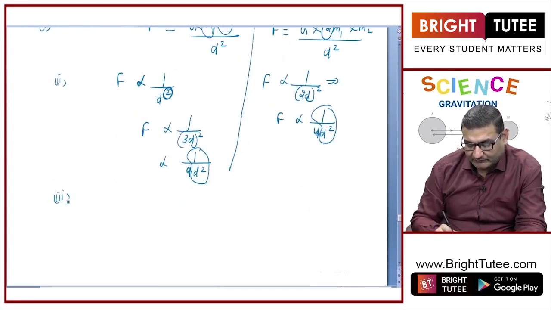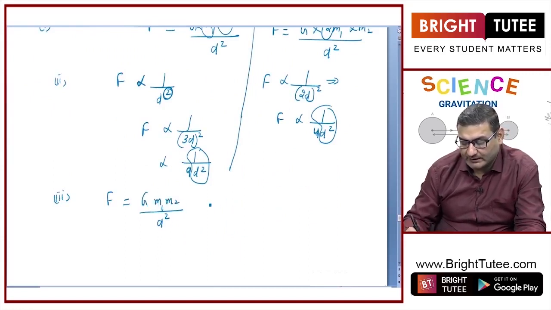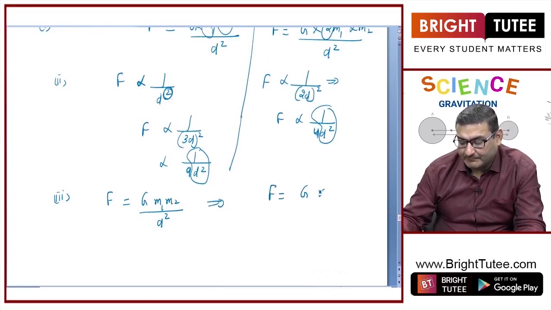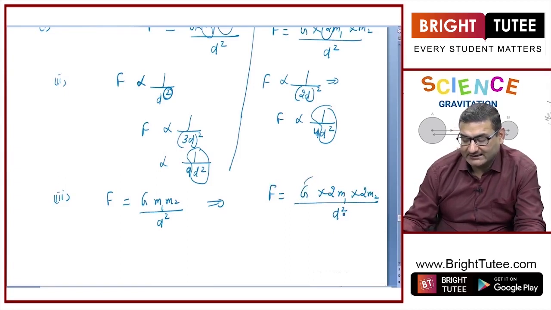So, if the force initially was G m1 m2 upon d square, then by making a change, by doubling, 2 m1 into 2 m2 divided by d square, because the gravitational constant and the distance remain the same. It is only the masses that we are doubling.